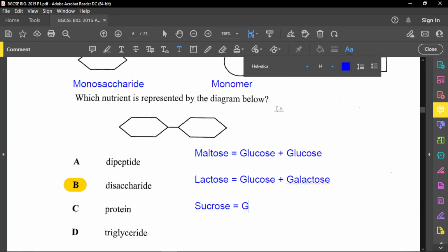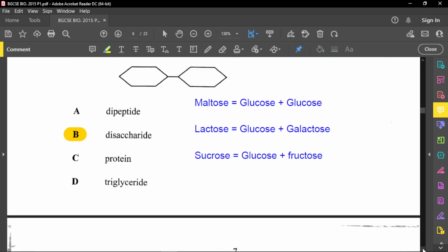This will be glucose and fructose. So again, you need to know all of these combinations for the disaccharides. Notice that all the disaccharides contain glucose: maltose is glucose and glucose, lactose is glucose and galactose, and sucrose is glucose and fructose. All right, let's jump into our next question.